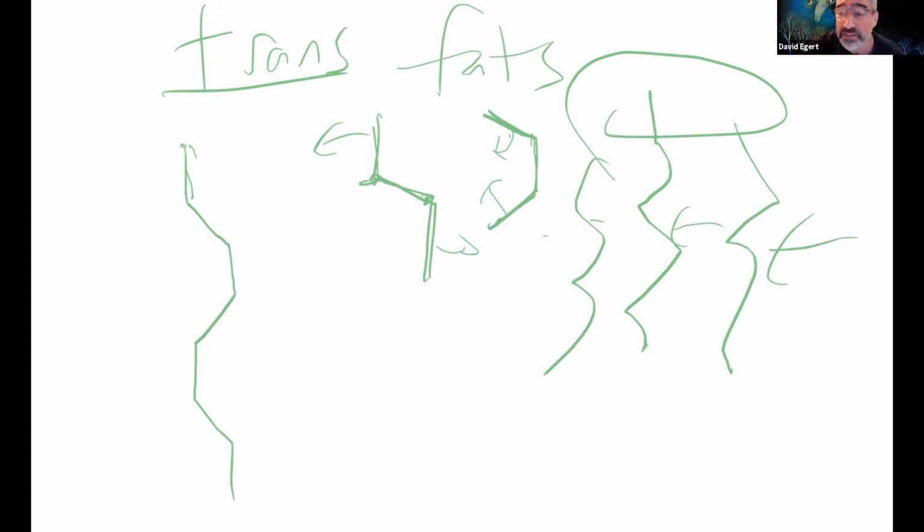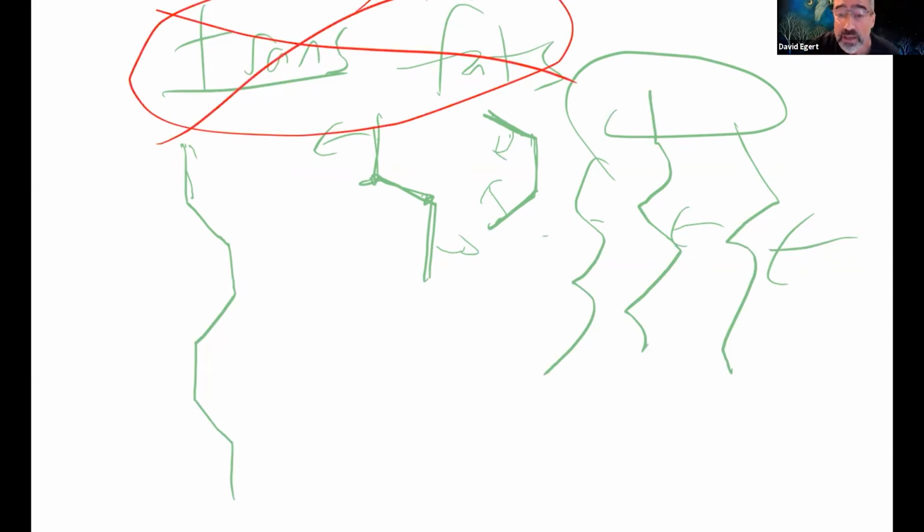So at this point, trans fats are no longer found in processed food. The process of trying to hydrogenate things is useful. It makes liquid things creamy. It's solid at room temperature. It also keeps them from going rancid. Those points of unsaturation are places where things tend to break down more, whereas a saturated fat is more likely to not break down and not go rancid.